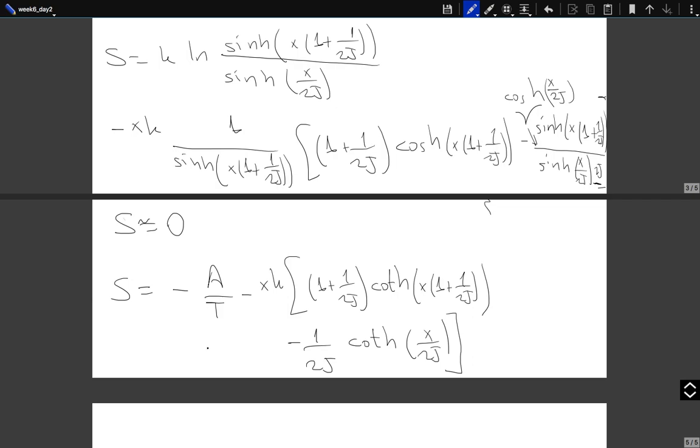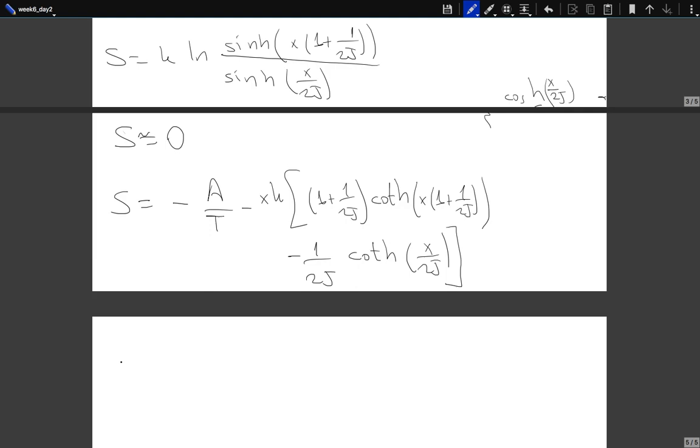So this is the entropy expression we have. But you see, the internal energy is just A plus TS.